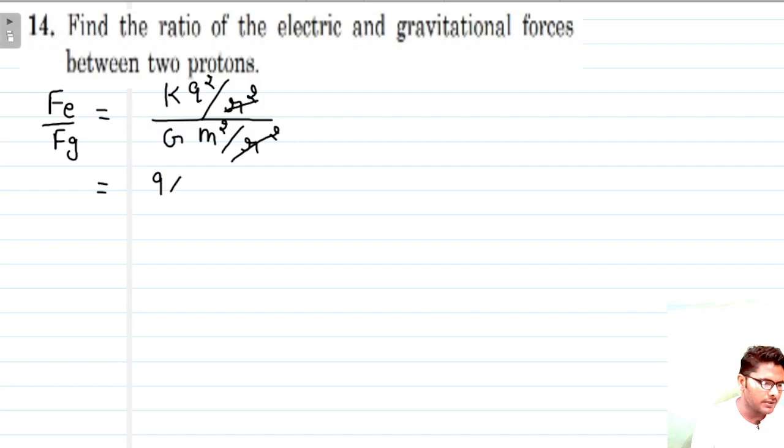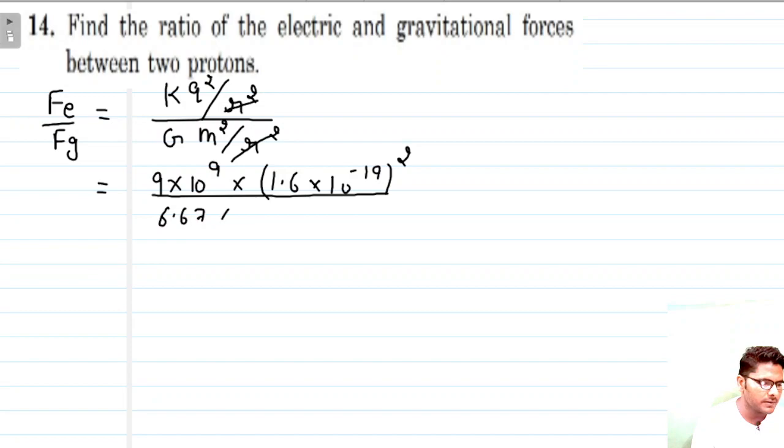So the value of k is 9 into 10 raised to power 9, and the charge on a proton is 1.6 into 10 raised to power minus 19, and you square this, over the value of G, 6.67 into 10 raised to power minus 11, into the mass of a proton.